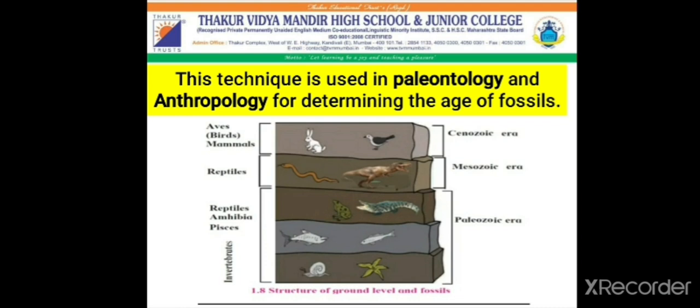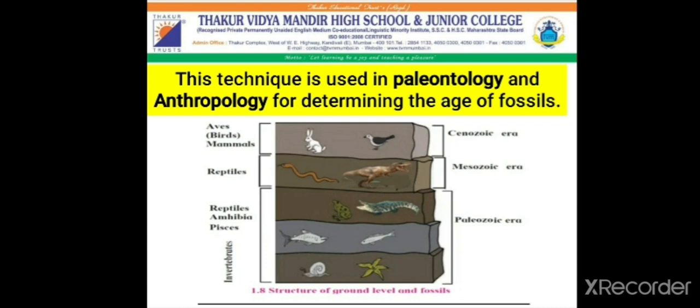You can see a picture in which there are 5 layers. The lowermost layer is of snail and starfish, which are invertebrates. Above that, we can see fish. Above that, we can see frog and crocodile.